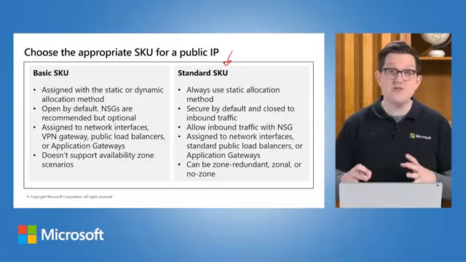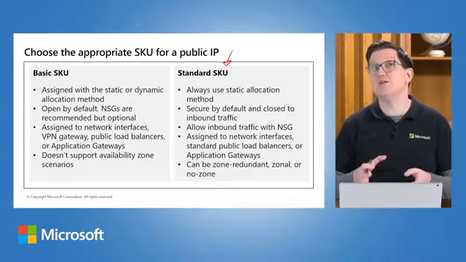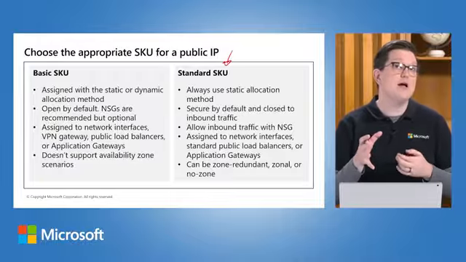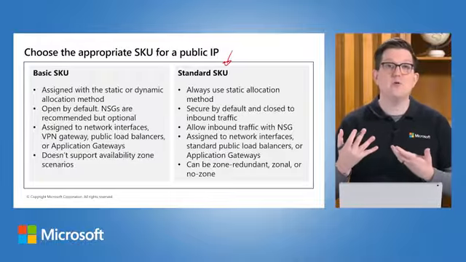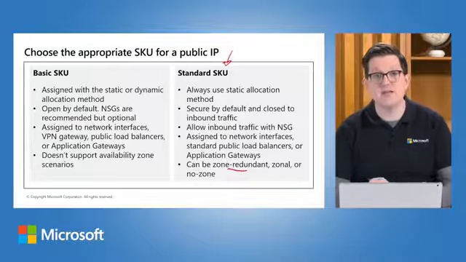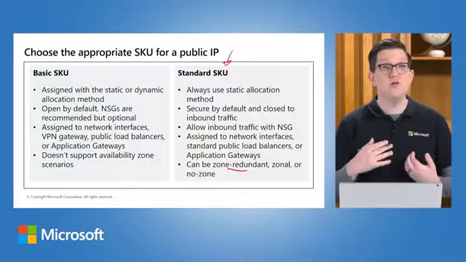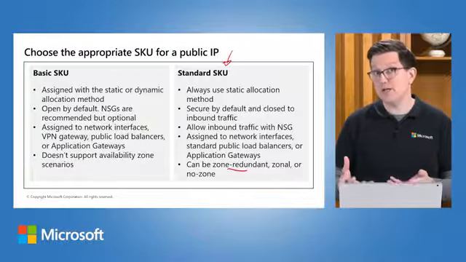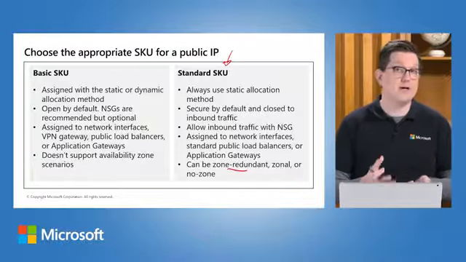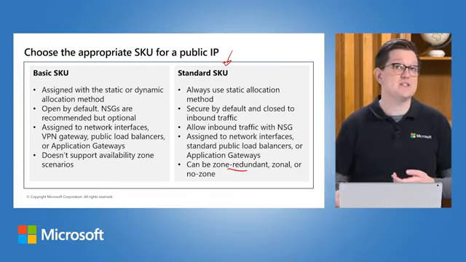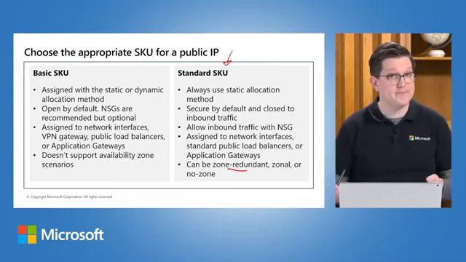There's also a number of interesting features around availability that you get under the standard SKU. Mostly that you can actually deploy a public IP in what we call a zone redundant configuration. In regions that support availability zones, you can ensure that there is actually a triplicate deployment of your public IP across multiple different physical data centers with separate power, water, internet.